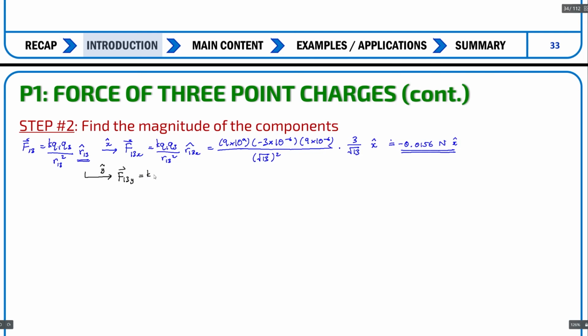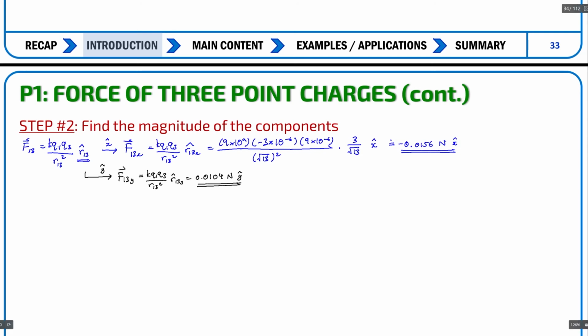We now have K, Q1, Q3 divided by R13 squared, but we have R13y. And this is equal to, if you do the math, it's going to be 0.0104 newtons in the y hat direction. So you do this for the next two.